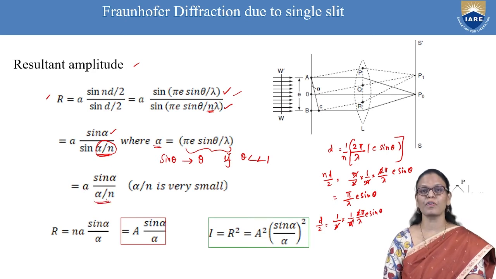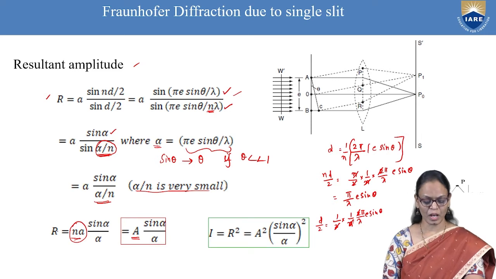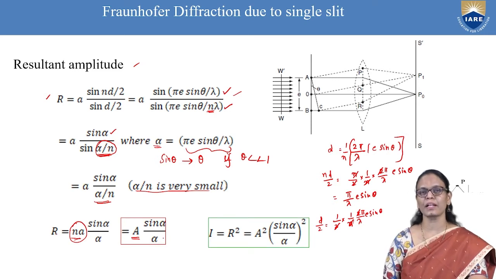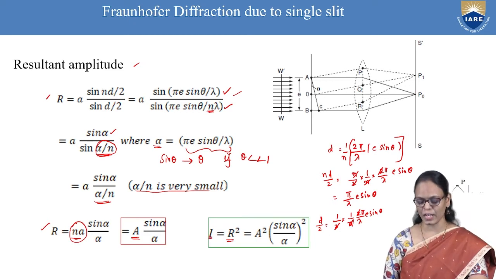A into sin α by α by n, because α by n is very small, I can bring n here. We have nA sin α by α, and nA gives the resultant amplitude. R, the resultant amplitude, is given by capital A into sin α by α. Once you get the resultant amplitude, you can calculate the intensity I is equal to R square. So R square will be A square into (sin α by α) whole square.